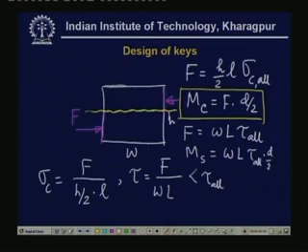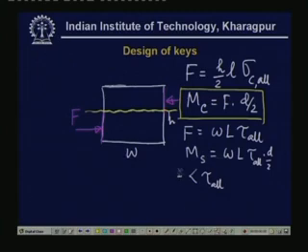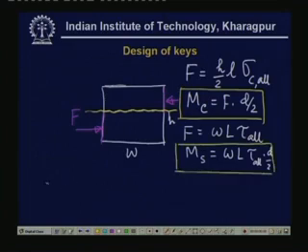d by 2. Now a normal way of designing is to equate this strength, that is we want that the strength in shear should be equal to the strength against crushing.